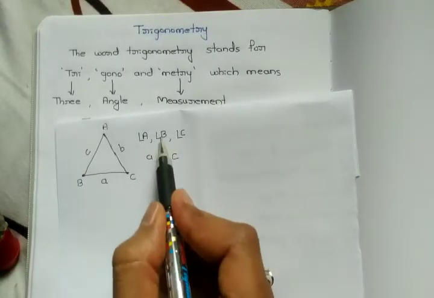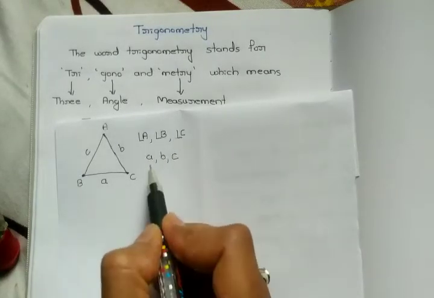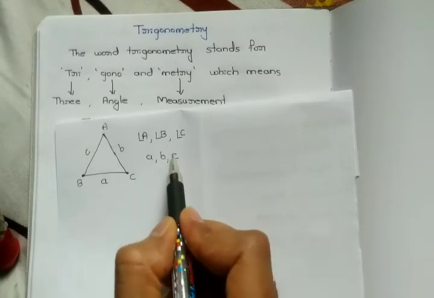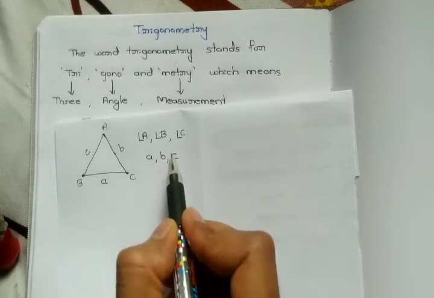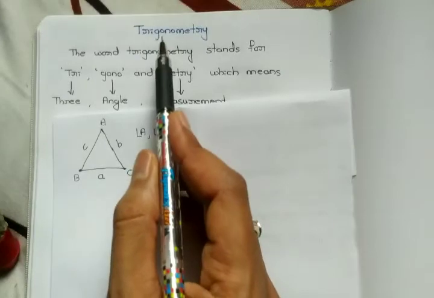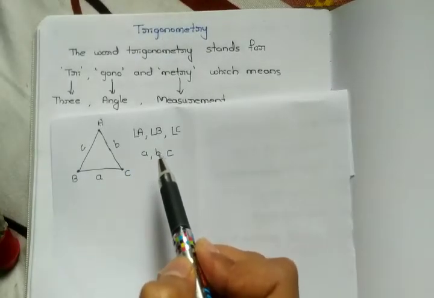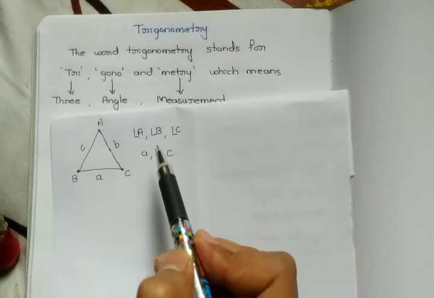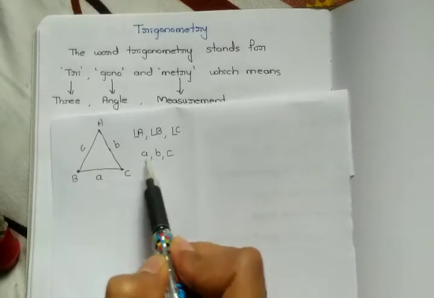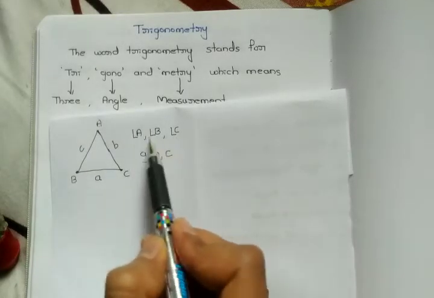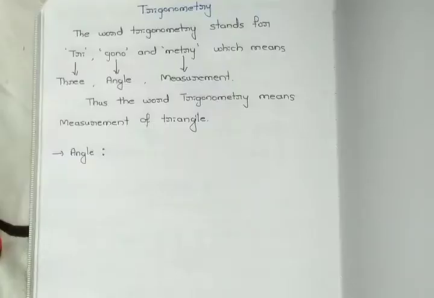Therefore these are the 6 things we deal with in trigonometry, that is 3 sides and 3 angles.